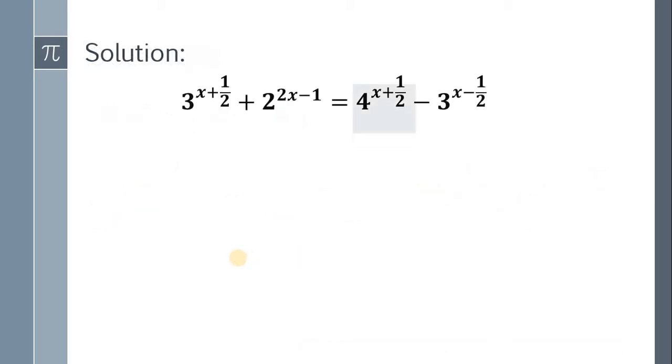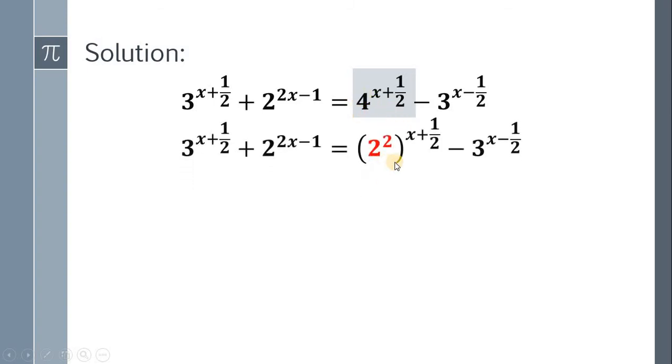Now, here's the equation. First thing to do is to take a look at this number, 4 raised to x plus 1 half. So we can replace 4 by 2 raised to 2. And then, we need to apply this law of exponent. If we have b raised to n raised to the power of m, it is equal to b raised to n multiplied by m.